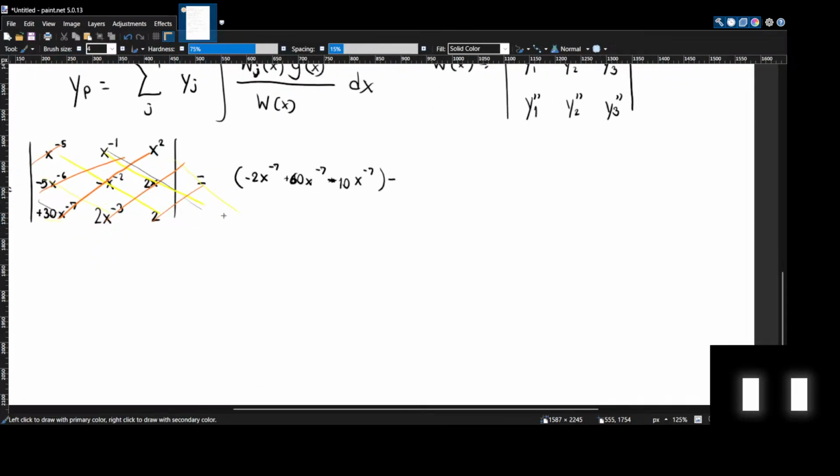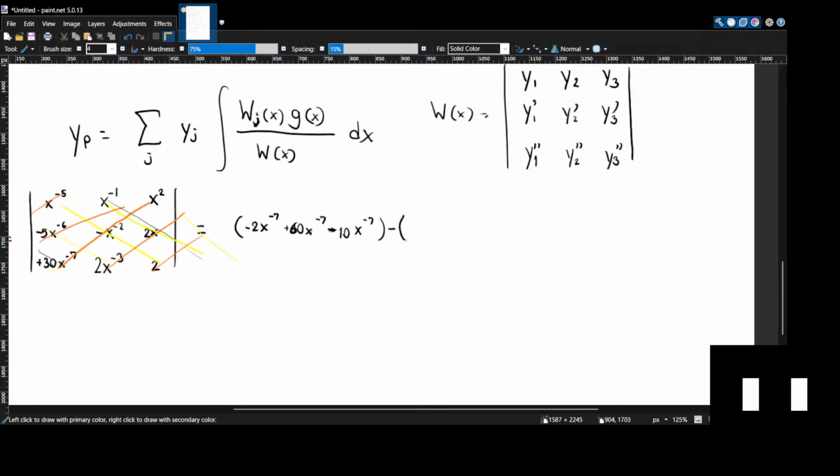Subtracted by the downwards diagonal, we're gonna have negative 30 x to the power of negative 7. Two, 2, 1, so that will become 4 x to negative 7. I know that it's probably going to be x to negative 7 for all of them. 2, negative 5, yeah, so it will be negative 10. And then it's x to the power of negative 7 again.